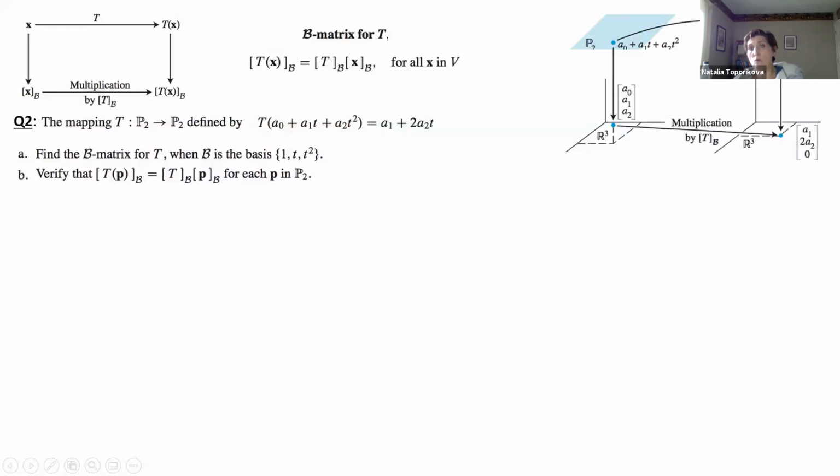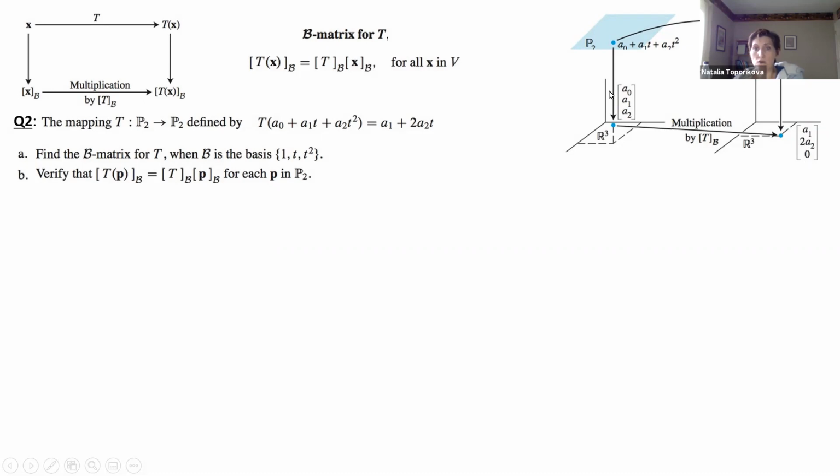And of course, our image will also be in an R3 space, with a difference that we don't have a quadratic term anymore, because we took the derivative. Remember, derivative always takes one power away. So our third component will always be 0. Our first component will be the second component of our original space, and our second component will be doubled.